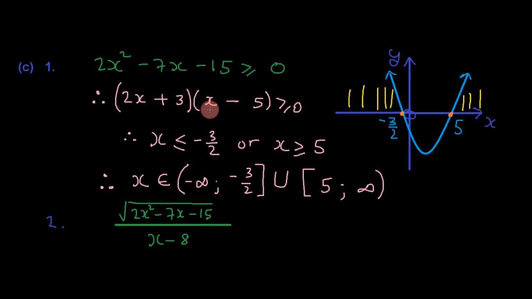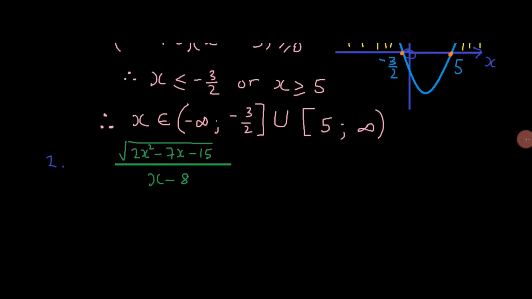We are only interested in positive x's, so we are interested in x greater than or equal to 5. For positive x values greater than or equal to 5, what's under the square root will either be 0 or positive. But x greater than or equal to 5 includes x equals 8, and we can't divide by 0. So then our answer will be x is greater than or equal to 5, but x cannot equal 8.